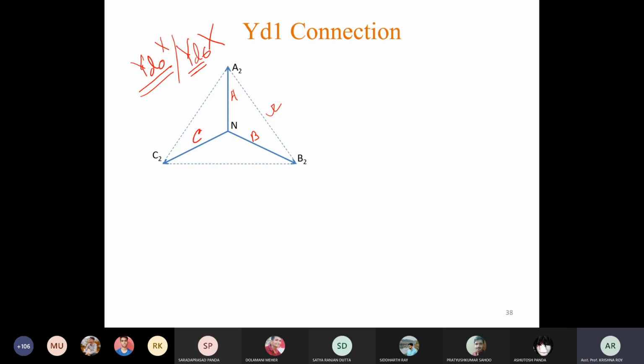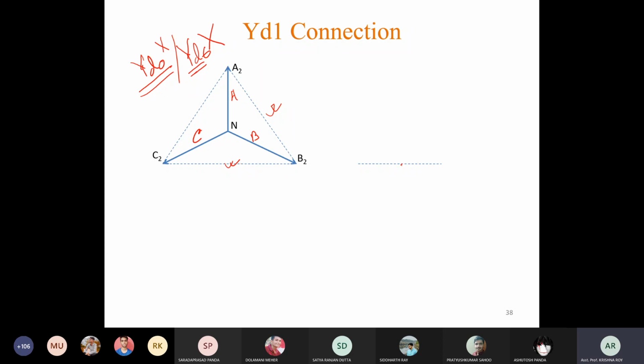Okay, so in case of star connection, this is the reference line. So for delta connection, let us draw that reference line. So this is the reference line. That means this line and this line are the same line. They are lying along the same line. Okay.